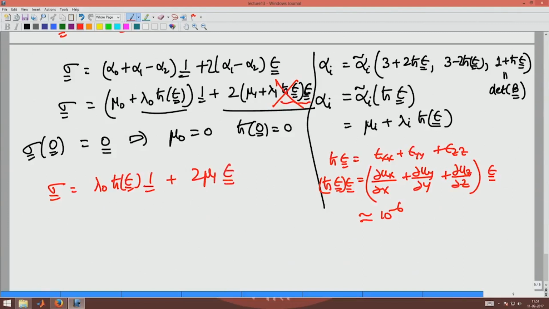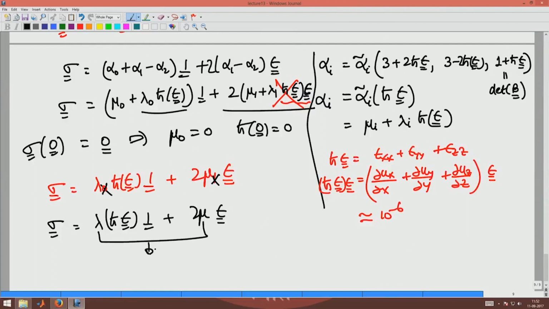I will drop this suffix, and simply write sigma as lambda trace epsilon identity plus 2 mu epsilon, where lambda and mu are material parameters.